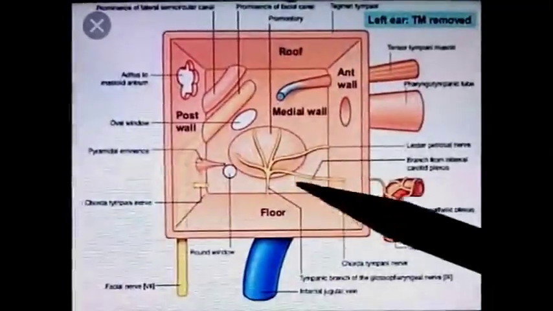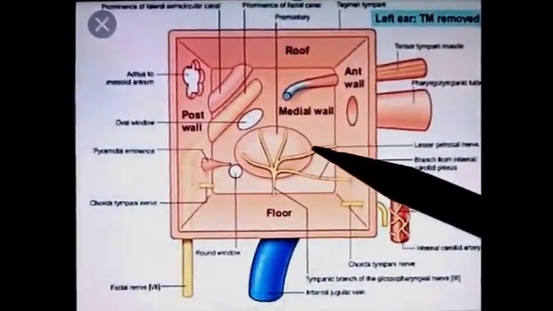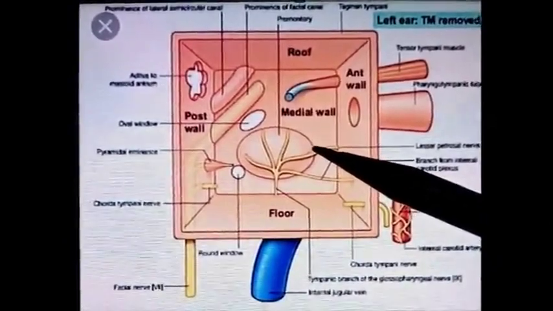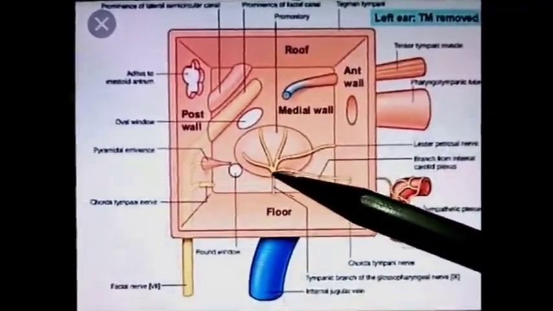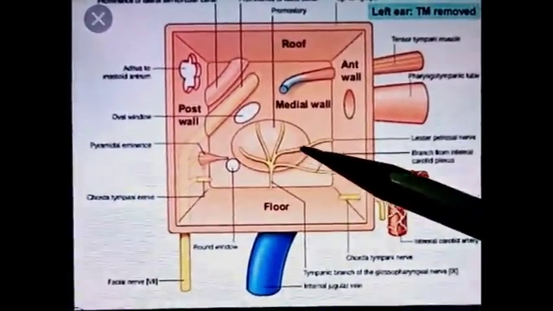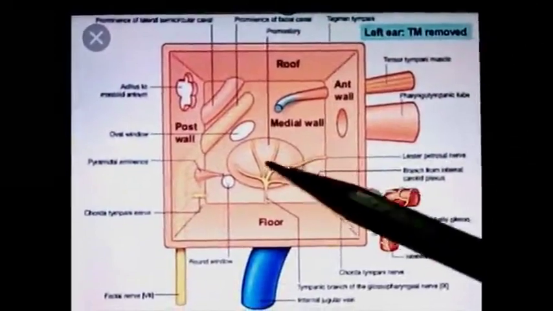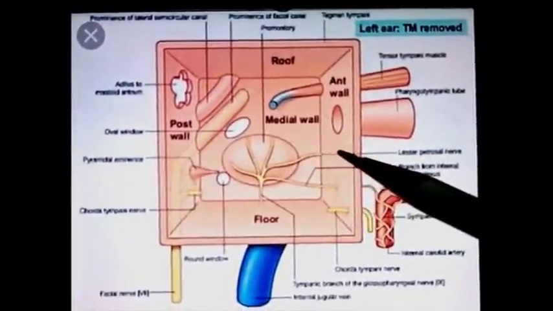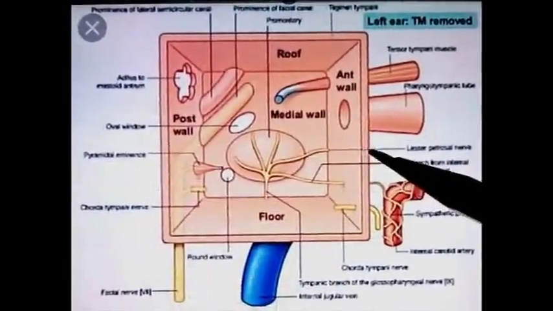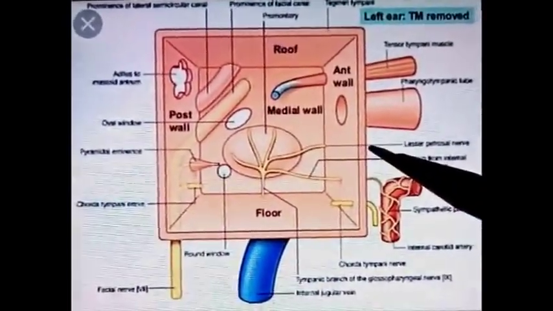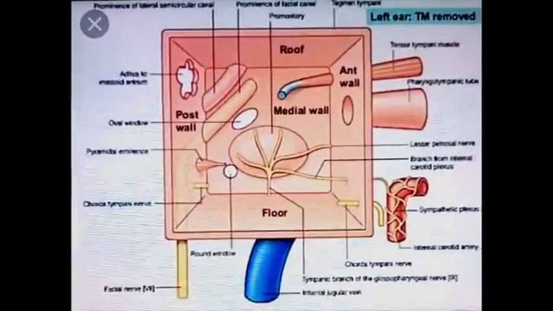So the lesser petrosal nerve arises from this plexus and it is deriving its preganglionic parasympathetic fibers from the tympanic branch of the glossopharyngeal nerve. After leaving the middle ear cavity, it reaches the middle cranial fossa and enters through the hiatus for the lesser petrosal nerve.